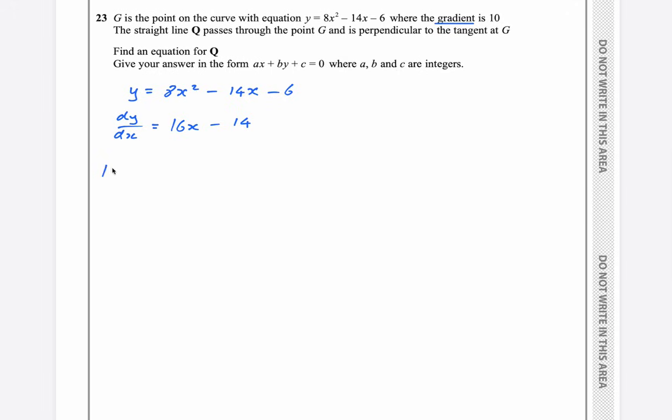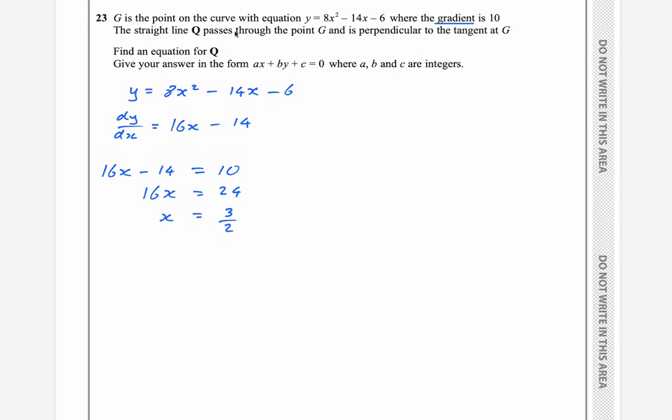So I'm going to say 16x minus 14 equals 10. Find x, right? 16x equals 10 plus 14 is 24. x is 24 divided by 16, which is actually 3/2. Okay, so I have my x coordinate.